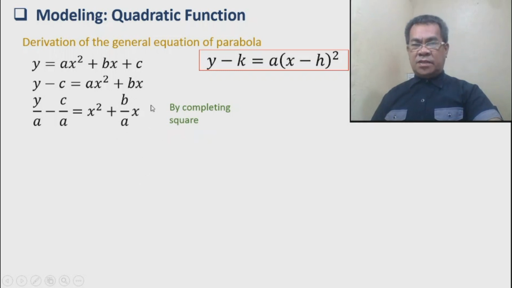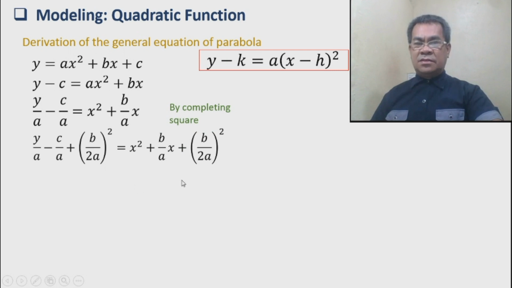Again, to obtain the third term, divide the coefficient of the first degree variable x by 2, then square. This is the first degree, this is the second degree. So, b over a divided by 2 will result in b over 2a, then square it. So, this is now a perfect square trinomial. So, we will be adding b over 2a squared.